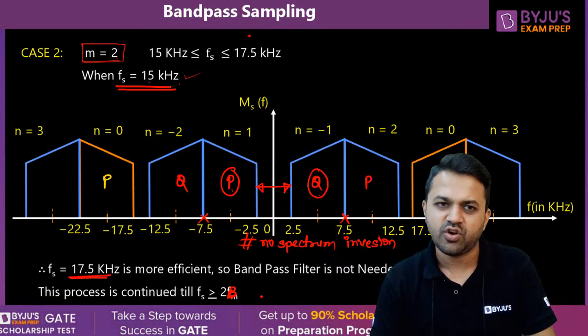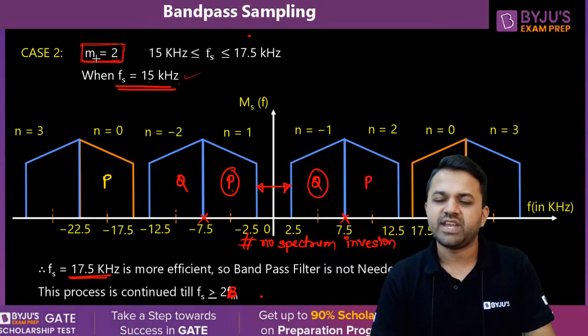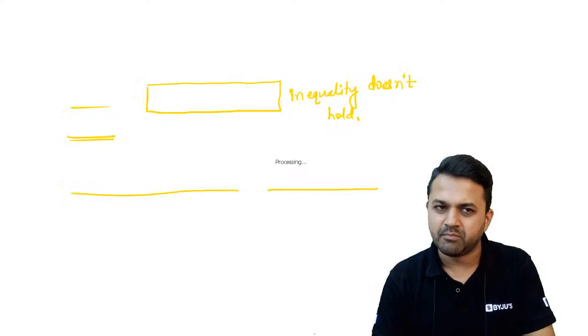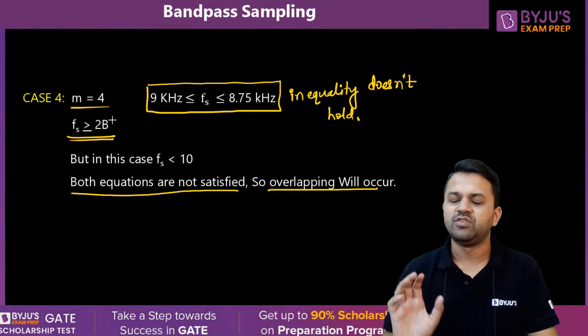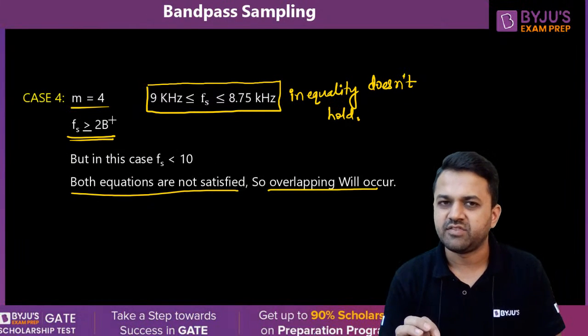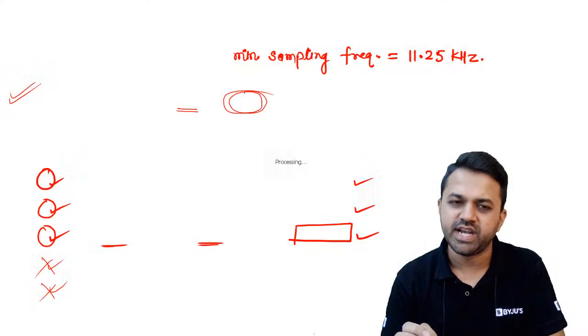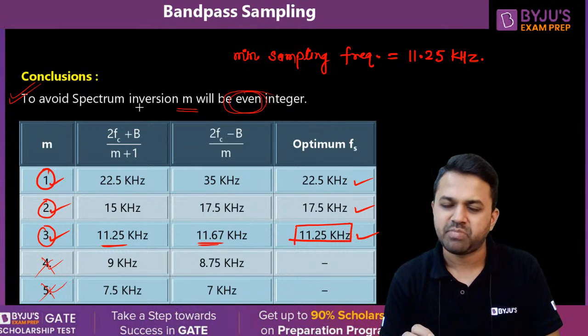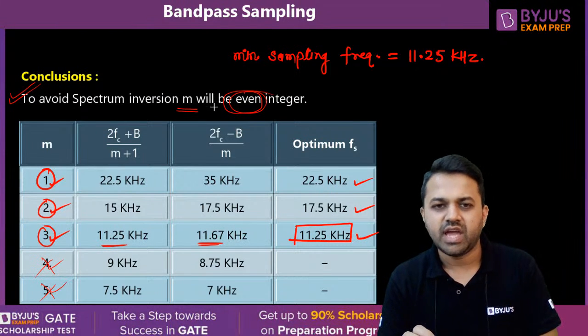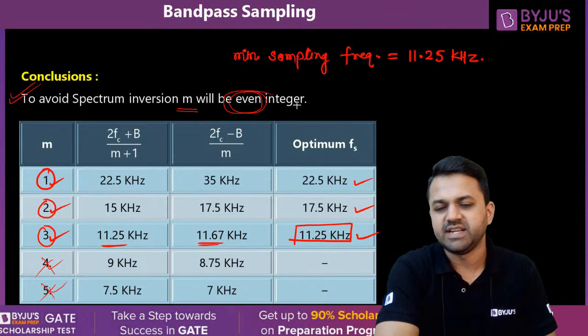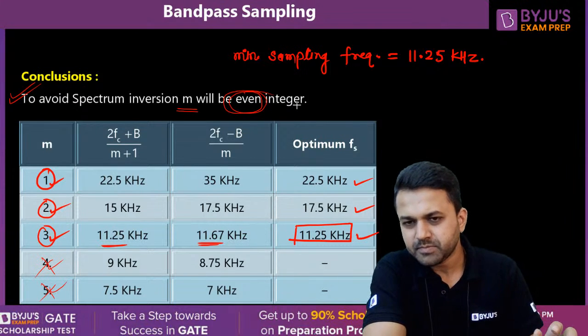This is the condition of even integer. When I choose an even value of m, spectrum inversion will be avoided. So to avoid spectrum inversion, m should always be an even integer.